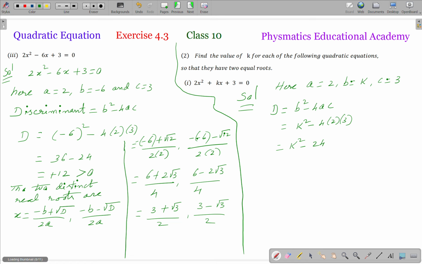So the question itself says the roots of the given quadratic equation are equal.